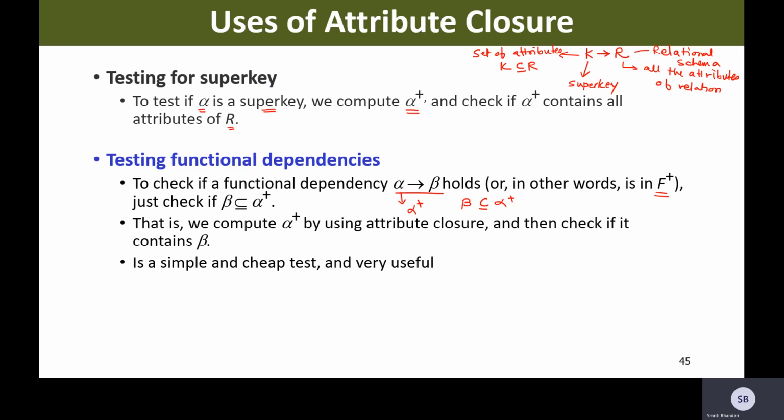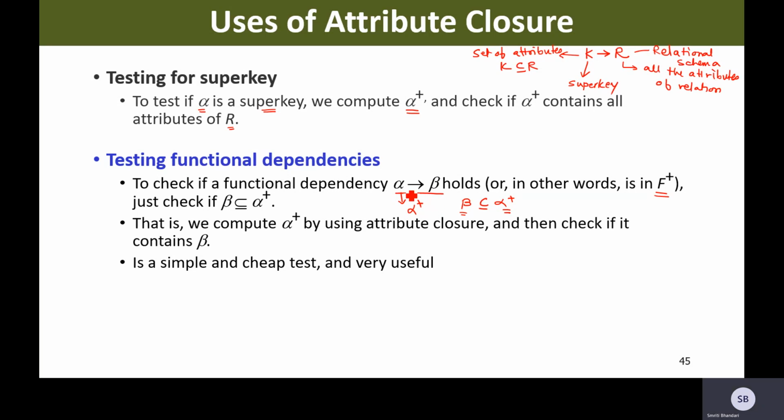So if the attribute closure of alpha, that is alpha plus, contains the right hand side beta, then definitely this functional dependency is valid. Right?